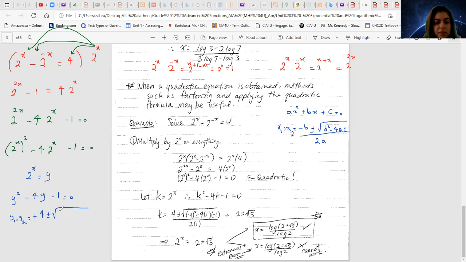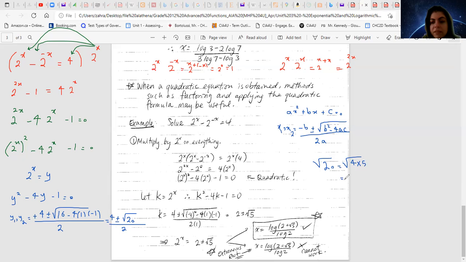B power 2 is 16 minus 4 times a times c, c is negative 1, divided by 2a, 2 multiplied by 1. So it's 4 plus minus the square root of 20 divided by 2.